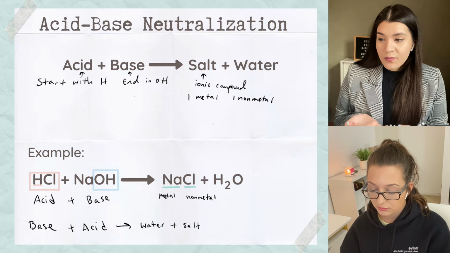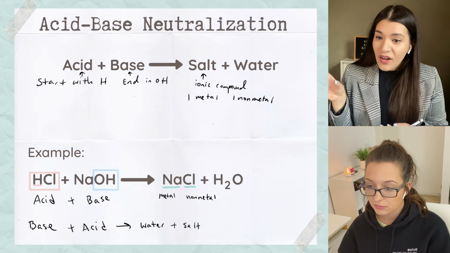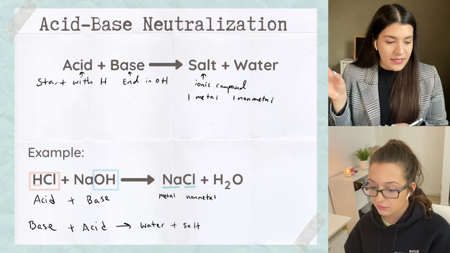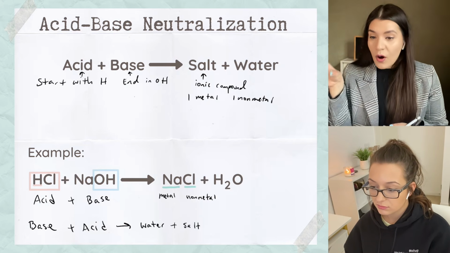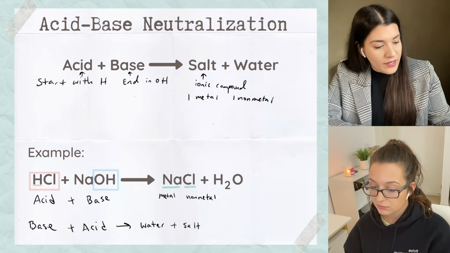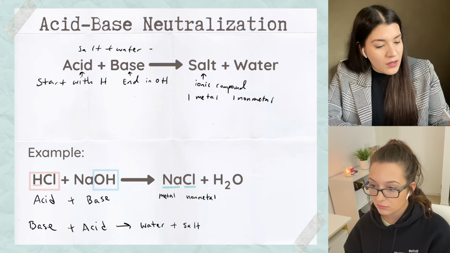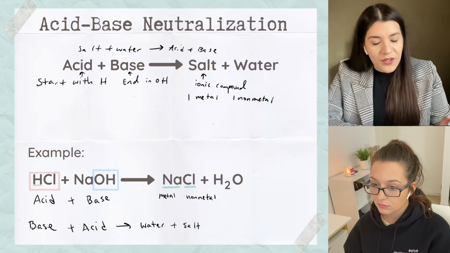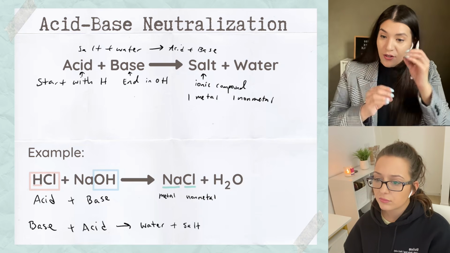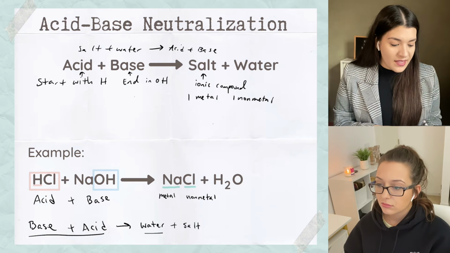What matters is what side everything's on. I doubt you're going to see salt plus water gives you acid plus base. I just think they're going to switch things up in the reactant side and the product side.